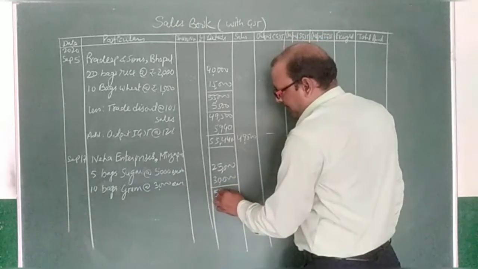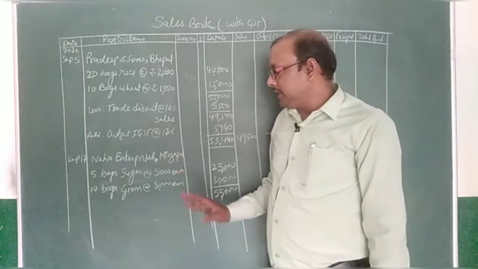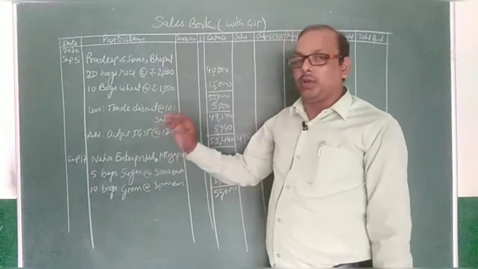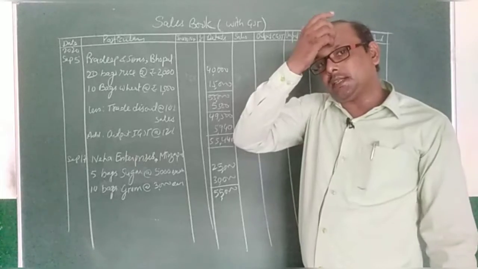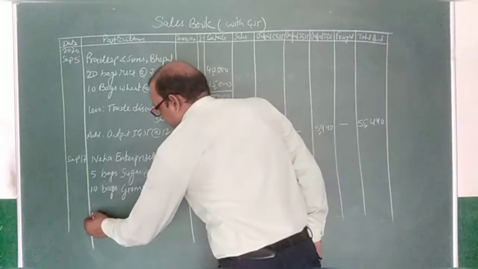Total is 55,000. Let's say you are not providing trade discount on these products to Neha Enterprises, so no trade discount. Directly we have to go to the CGST and SGST.